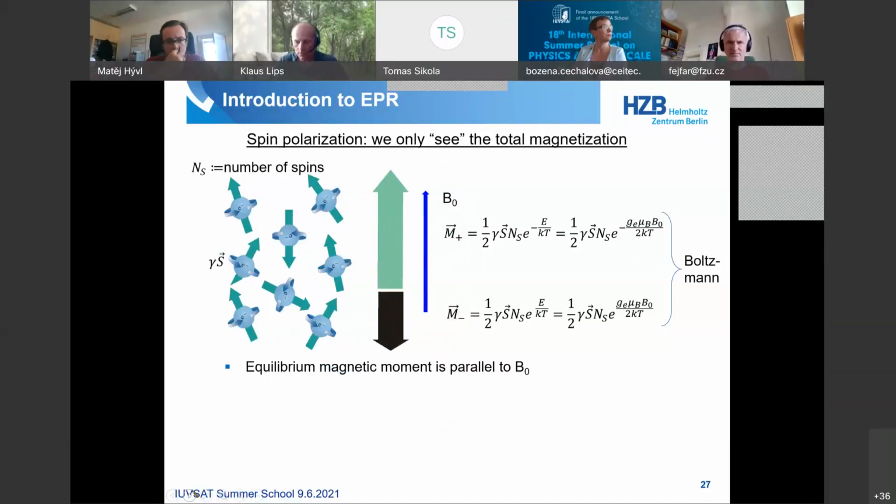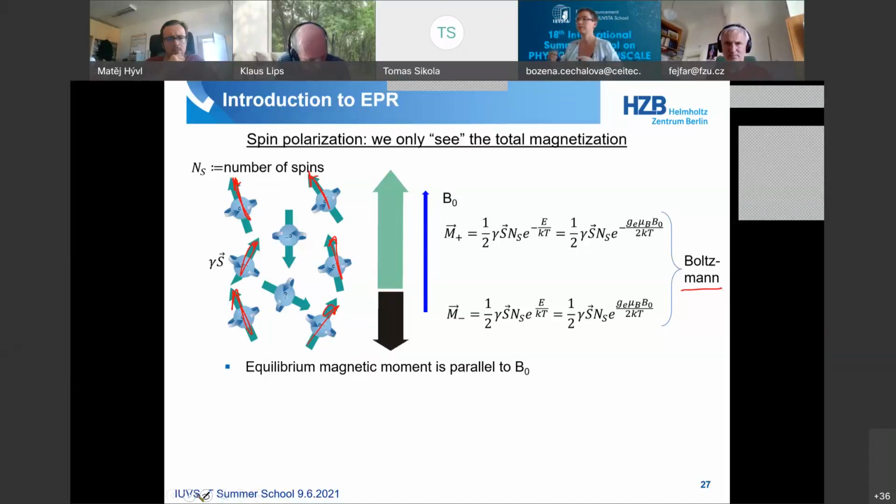And if you now sum up all those individual magnetic moments, you will see that we have more that are parallel, so they point in that upper direction, like this one here, this one, and that one, than those pointing in the other direction. And you can now calculate very easily how large the difference between those two occupations is if you assume that everything is done by Boltzmann. And that is the case once you are above 1 Kelvin, you can basically use Boltzmann.